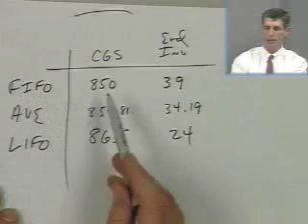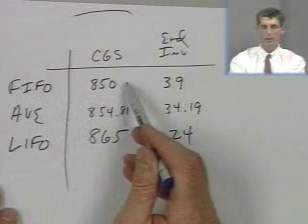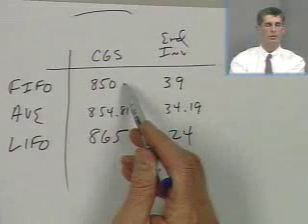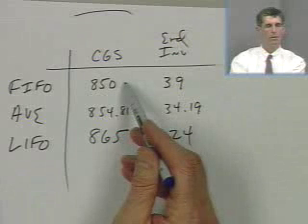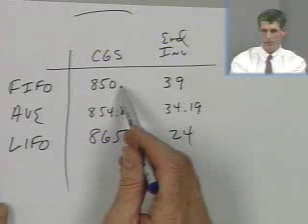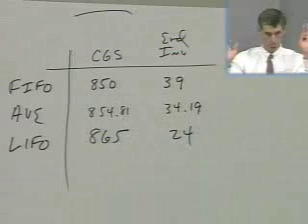FIFO, right? FIFO gives us the lowest cost of goods sold, and the lowest cost of goods sold gives us the highest earnings per share. True or false? True, right? The lowest expense gives the highest earnings per share. Everything else held constant, right?